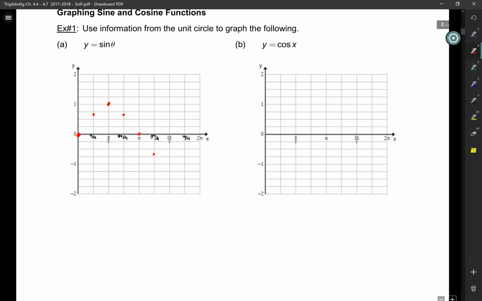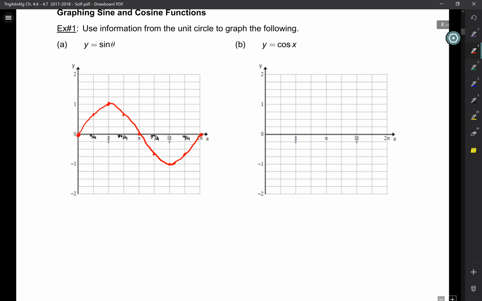And then at 3 pi over 2, the y coordinate, -1. And then at 7 pi over 4, that's in the fourth quadrant, -0.7. And then at 2 pi, 0. So, oh my goodness, look at that beautiful function.